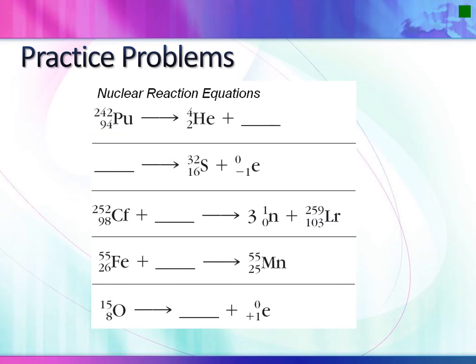So next we want to do some math and some practice problems with this. Nuclear reactions also follow the law of conservation of mass, which means mass can neither be created nor destroyed, so whatever mass you start with is the amount of mass you need to end with. So when I look at this, I've got 242, and instead of an arrow, think of it as an equal sign, and that has to equal everything on the right-hand side.